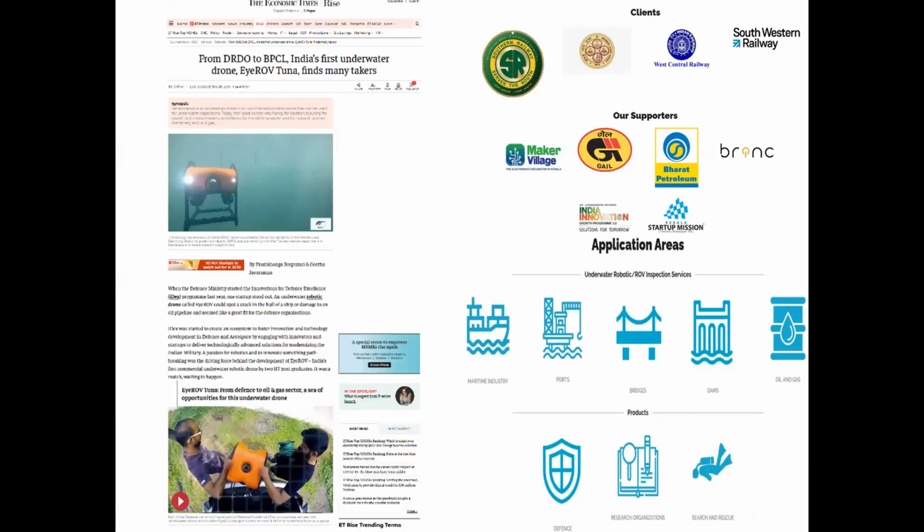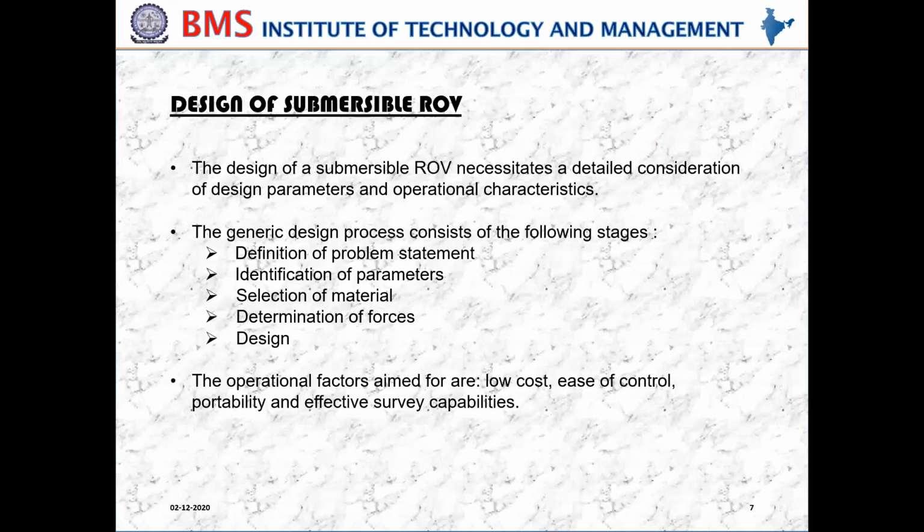IROV is the only company in India which operates ROVs on a commercial scale, and it has tie-ups with various clients, as you can see in the top right. Its applications include maritime applications, ports, bridges, dams, oil and gas.